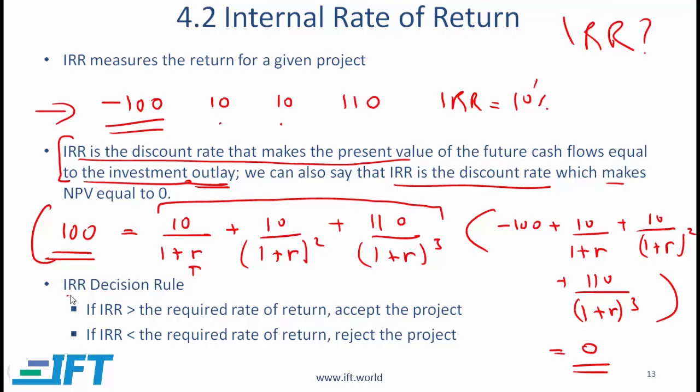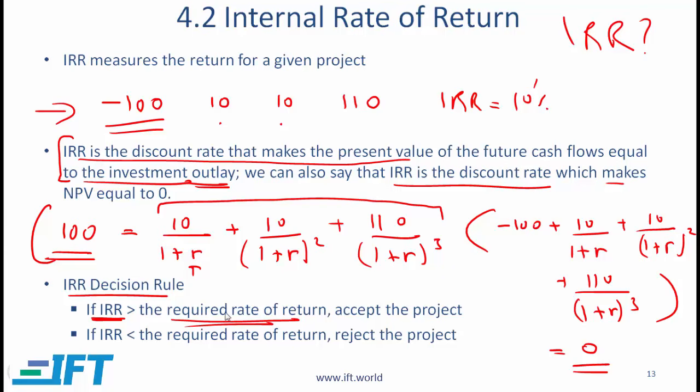Finally, what is the IRR decision rule? If the IRR is greater than the required rate of return, then accept the project. Simplistically, right now, think of the required rate of return as the return that you require, or think of it as the cost of raising money.